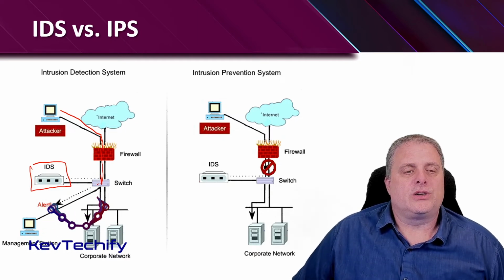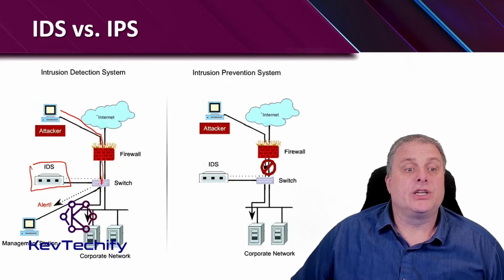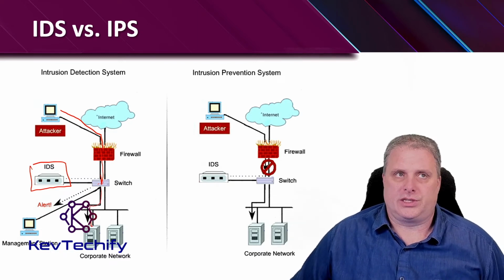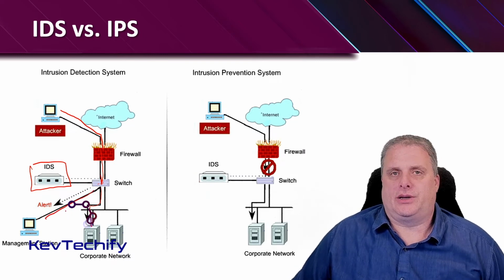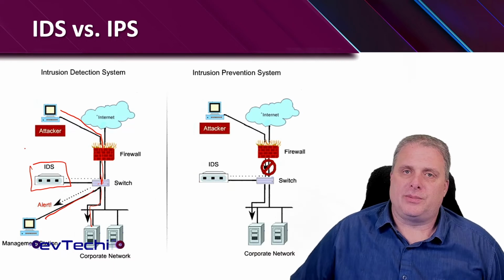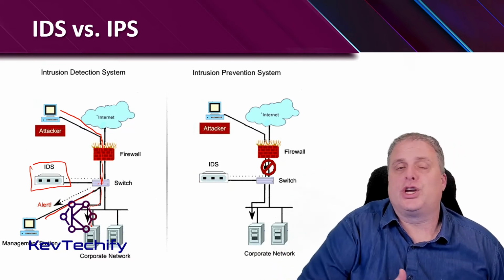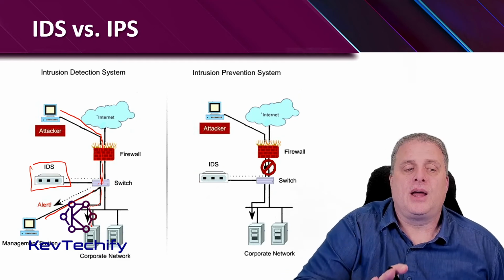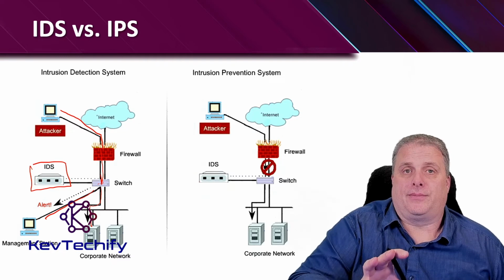Once that signature is matched, the attack is still allowed to go through to the server, but an alert is sent out to the management station. It could be text, SMS messages, emails, lights and sirens. Whatever you have set up on your management system as an alert will happen.